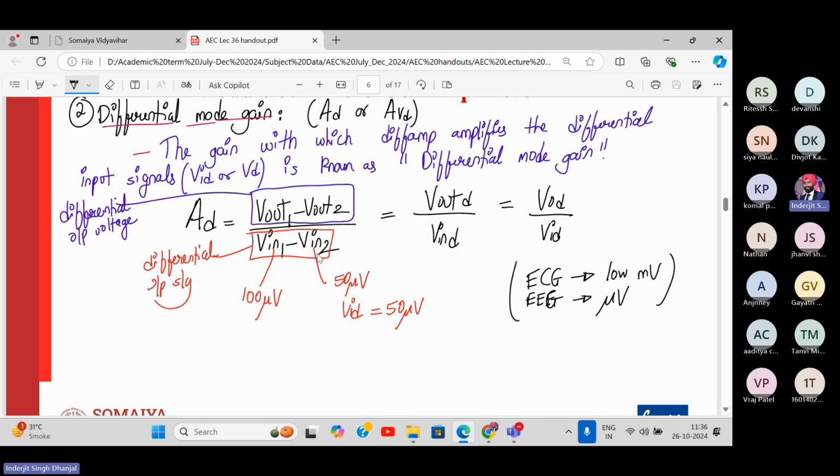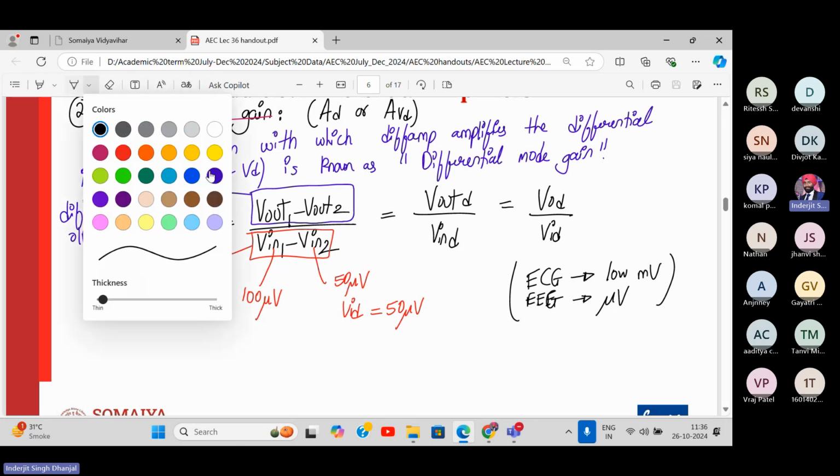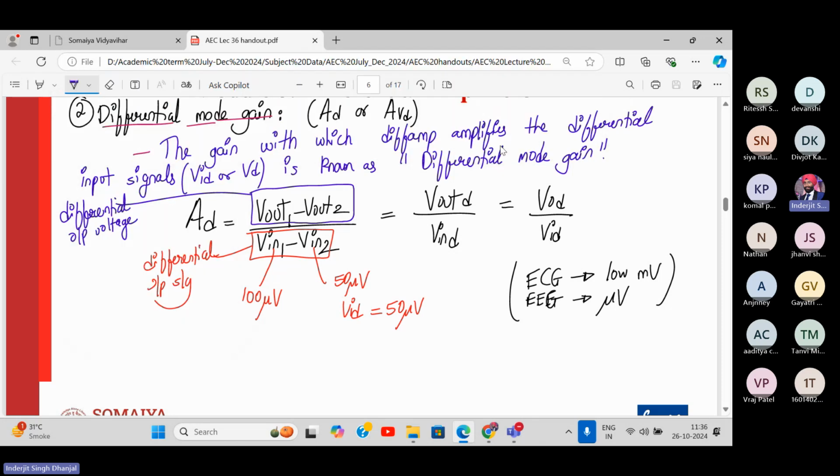All right. So if the denominator is very, very small, what should be the value of AD? VOD will be in the range of volts, right? But VID is in the range of microvolt. So ideally, how much should AD be? Tell me. Ideally, it should be very high or very low? It should be very high. Ideally, it should be infinite.